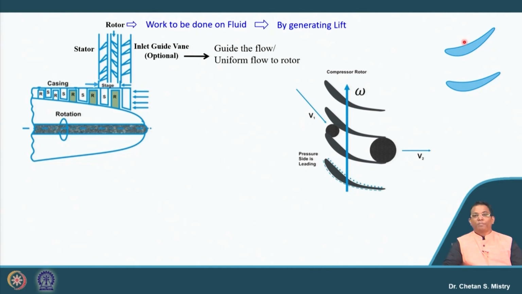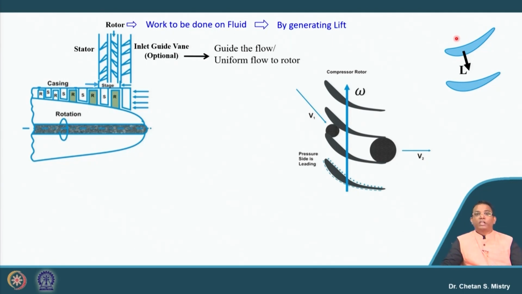On my pressure side I have high pressure, on my suction side I have low pressure, and that generates the differential pressure, and because of that differential pressure we have lift force. That is what we have studied in our basic understanding of aerodynamics.